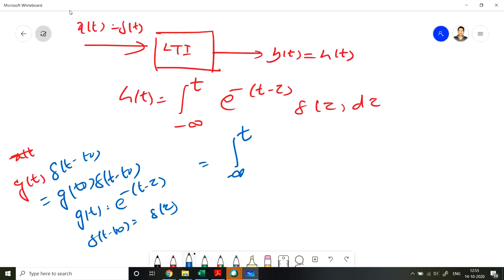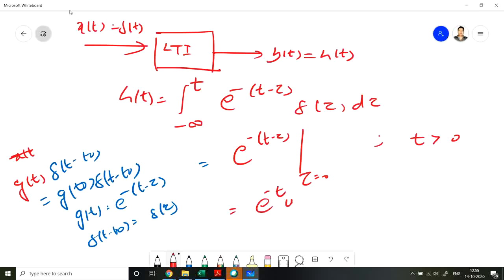So what we will get finally after solving this integral is e raised to the power minus t minus tau, and putting tau equals 0, and this is for t greater than 0. So finally we are getting e raised to the power minus t into ut.